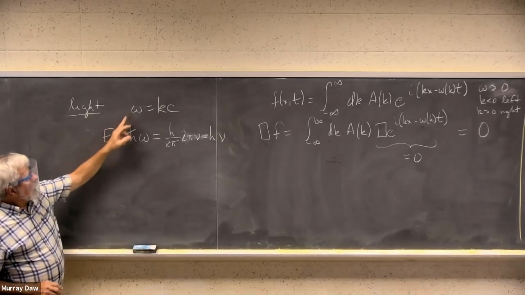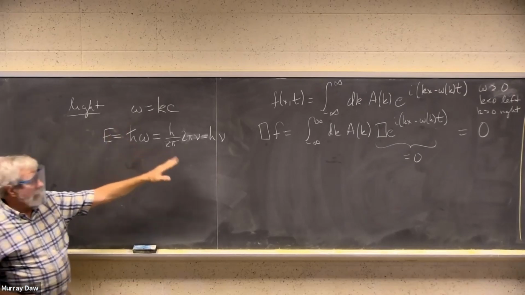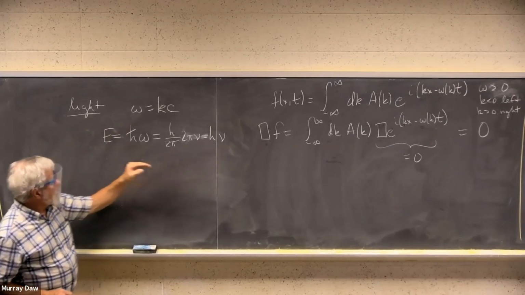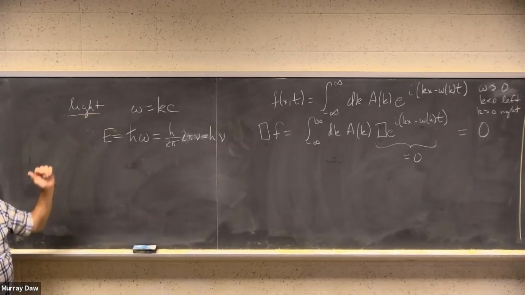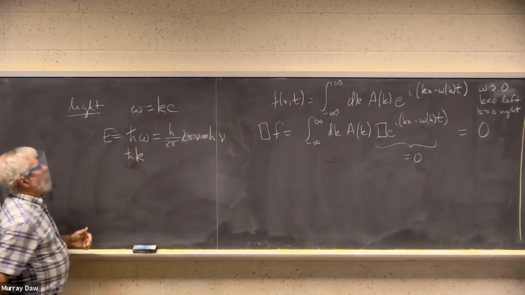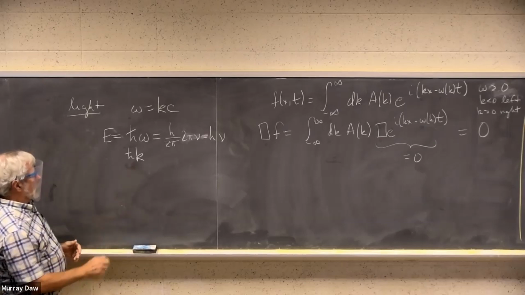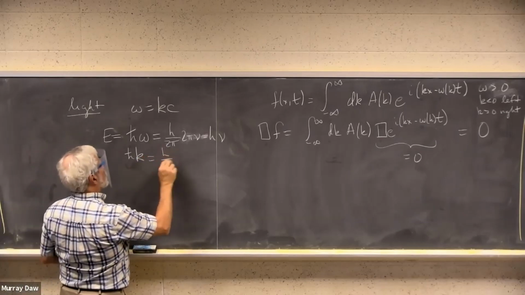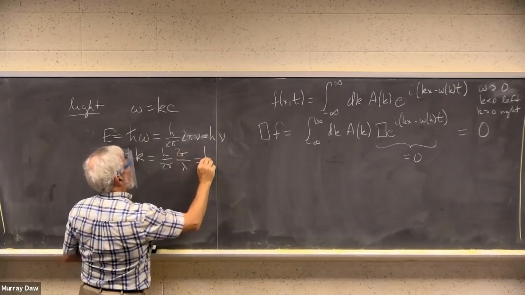So if I take that equation and multiply by h bar and work out factors of 2 pi, it's the same as h nu, it's the same as E. I have E on the left-hand side. I also multiply k by h bar on the right-hand side. What is this? This is h over 2 pi, times 2 pi over lambda, this is h over lambda.